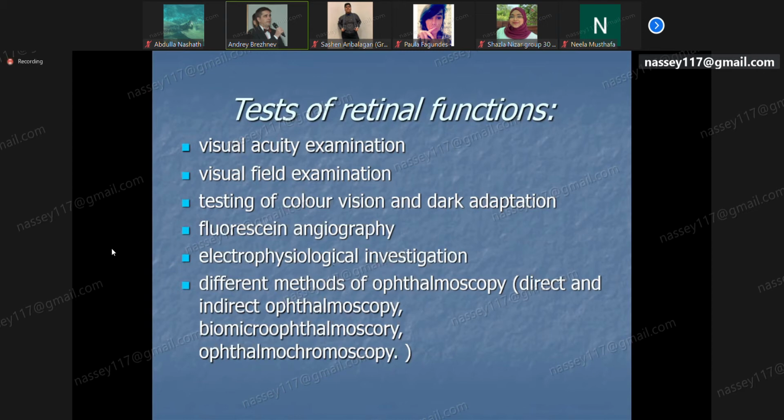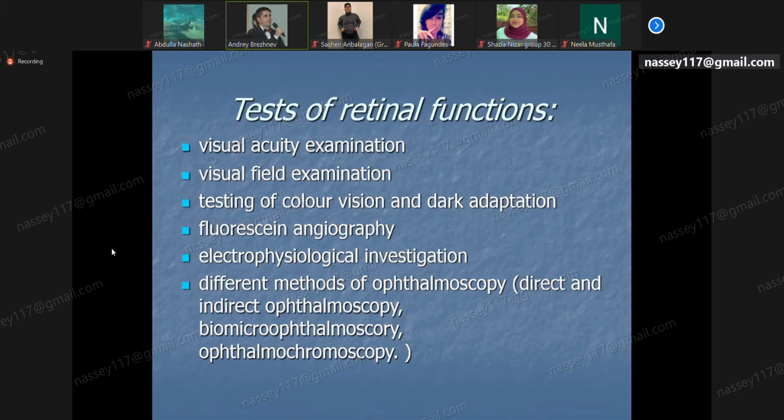Because sometimes, if we use the normal source of light, white, the retina looks normal, but in green or in red color, you can find several disorders.